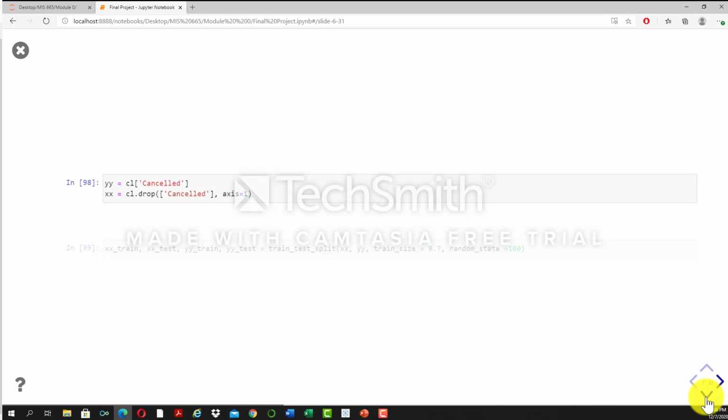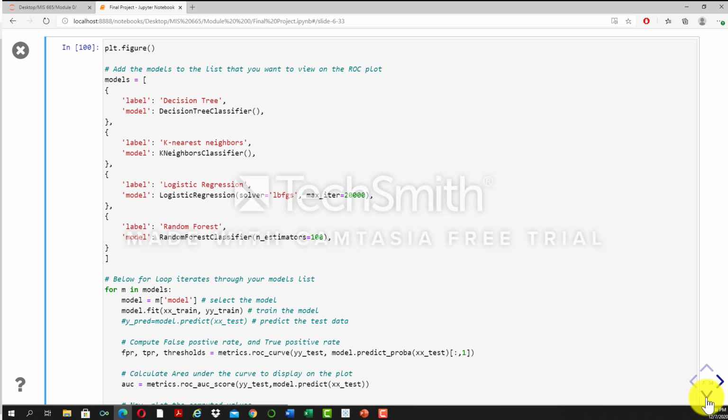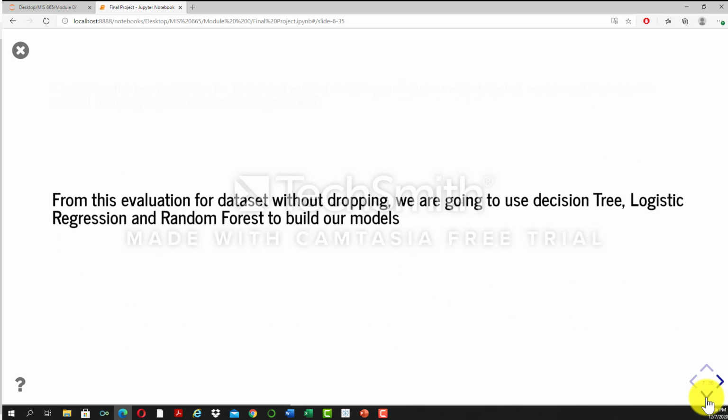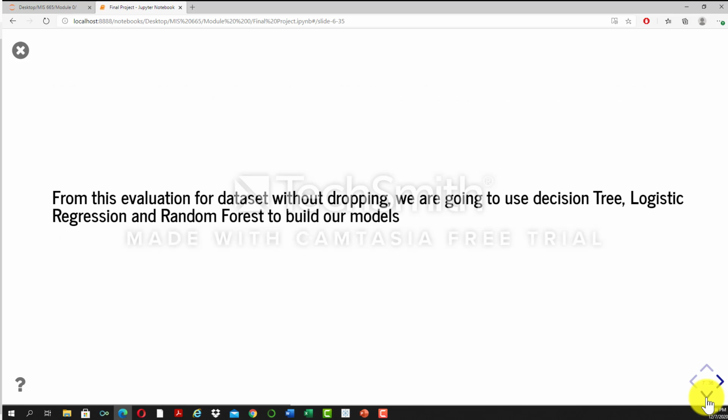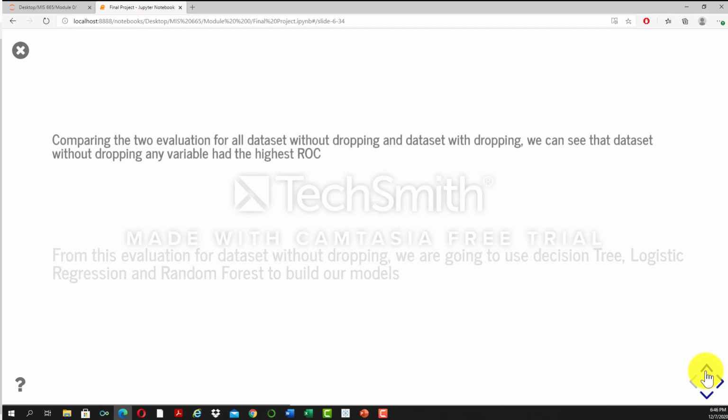variables, we did an algorithm test, and we used random forest because random forest had the highest area under the curve.